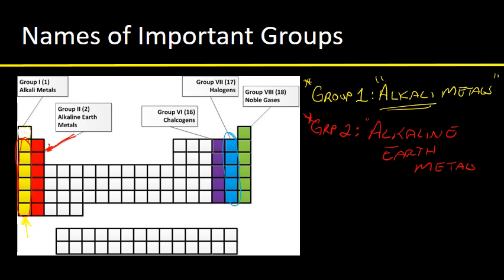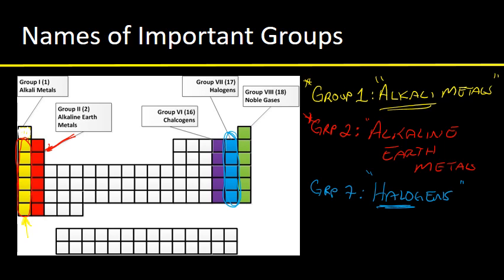Then I'm going to skip over here to group 7 or group 17, whichever you want to call it. Group 7. These are called the halogens, and halo is a Greek prefix meaning salt. So halogens means salt producers.